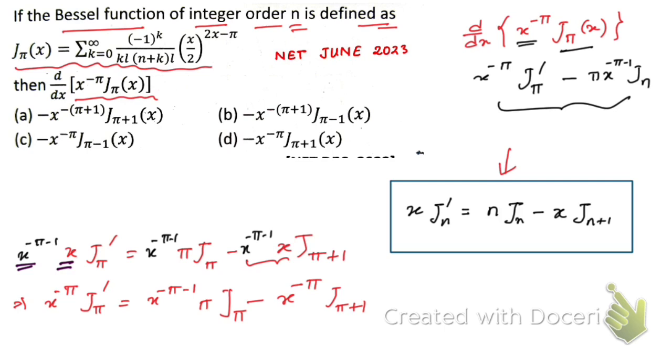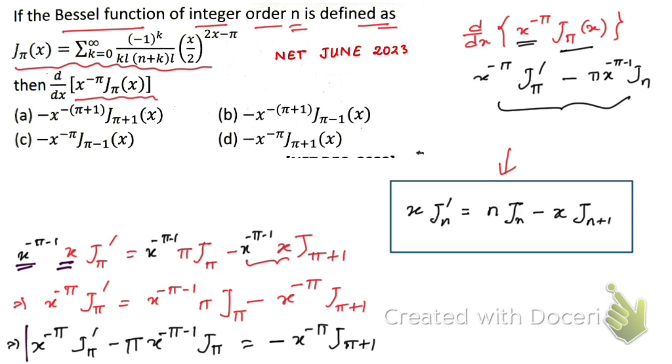Then what we're going to have? We're going to have x to the power minus n J_n dash minus n x to the power minus n minus 1 J_n is equal to minus x to the power minus n J_(n+1). So now you see this is nothing but this one, which is equal to this one, right?